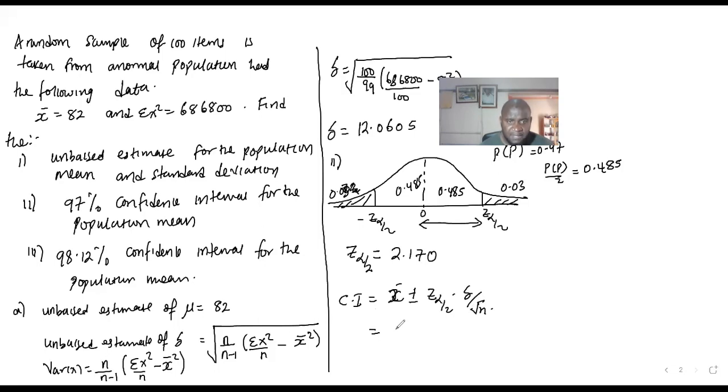The mean was given as 82 plus or minus 2.170 times, open brackets, sigma we got 12.0605 divided by root of 100. What do we get? I told you this is very easy. Just need to know how to find sigma and Z alpha over 2. The rest will all be good because they are always given.